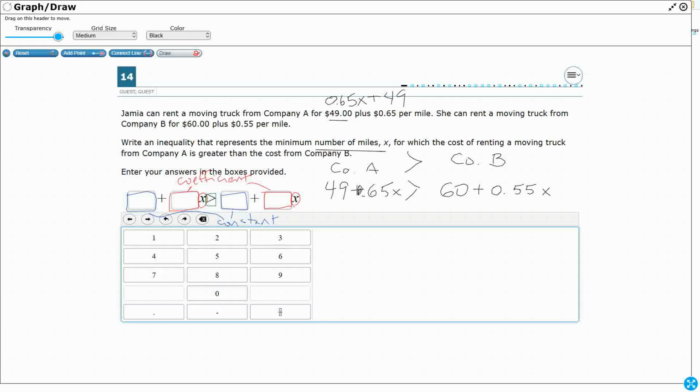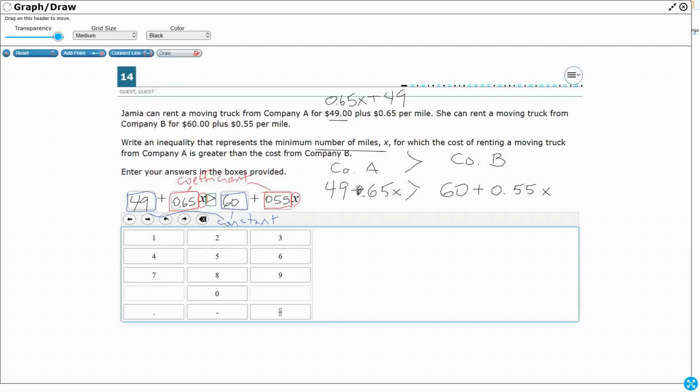But no, that's it. This is literally what we need to write in. So company A is $49, and we've got this 65 cents per mile, per x. And then company B is a $60 rental fee plus that 55 cents.